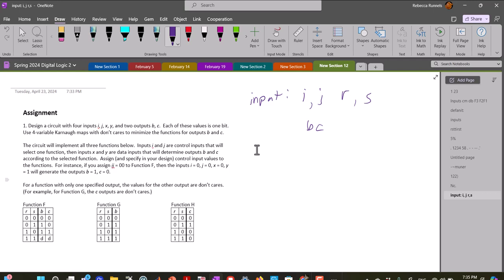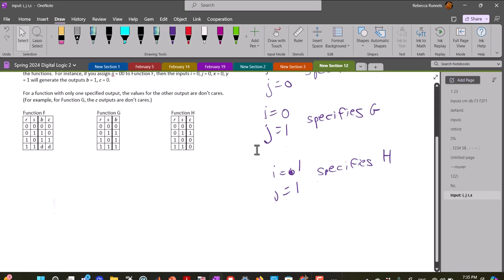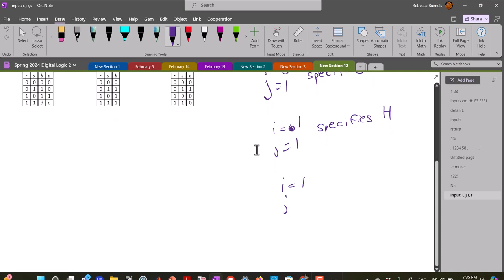So we need to say what I and J will give for function F, function G, and function H. And you can do this however you want, but I'm going to do I equals 0 and J equals 0 specifies F, and I equals 0 and J equals 1 specifies G, and I equals 1 and J equals 1 specifies H, and I equals 1 and J equals 0 is don't care.